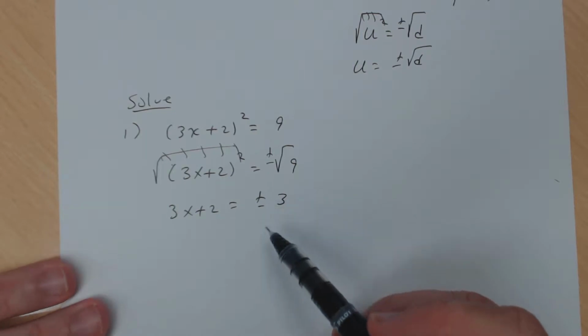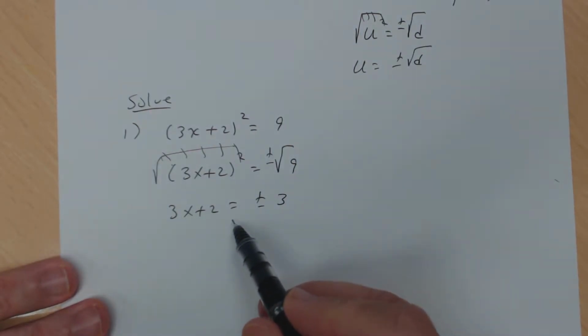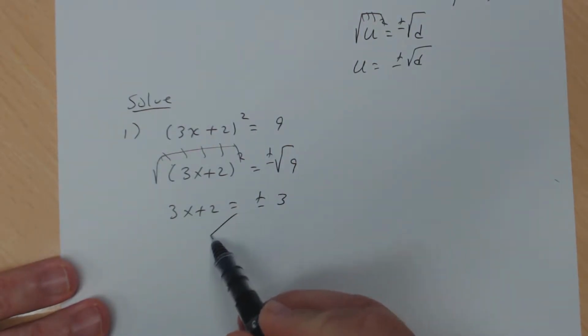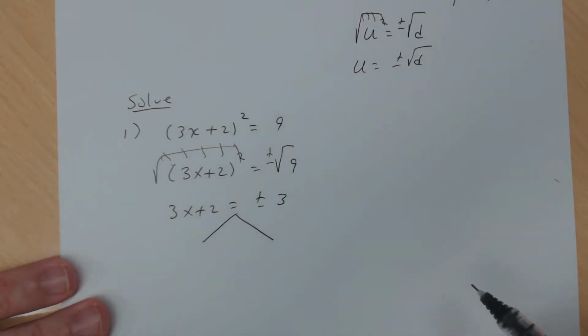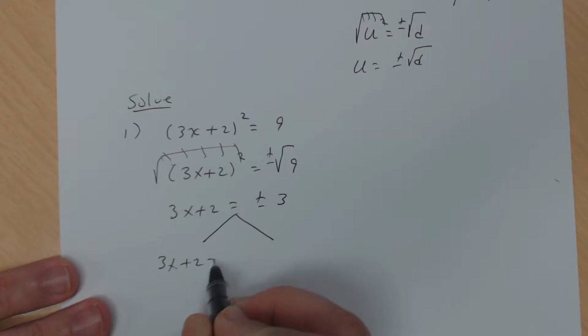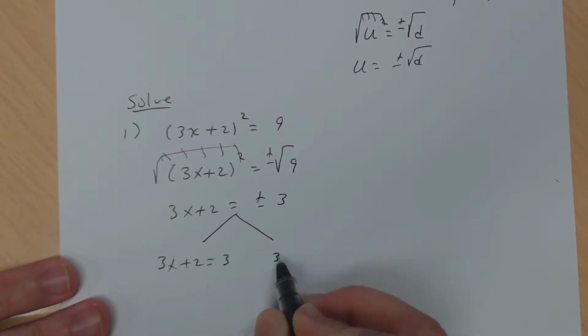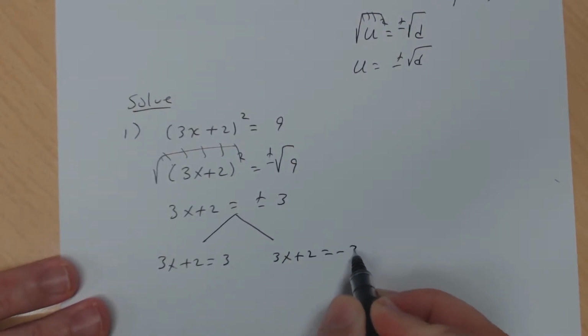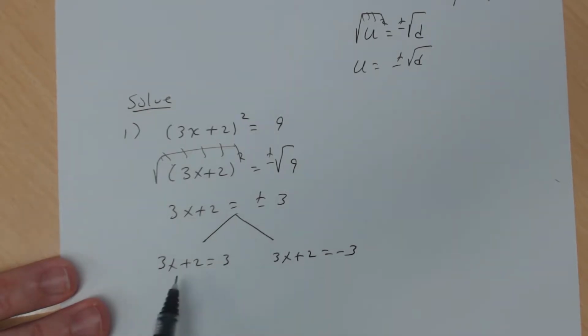So what we did next was write it out as two separate equations. I got 3x plus 2 equal 3, and 3x plus 2 equals negative 3. Then I solved each of these individual linear equations. Subtract 2 from both sides, combine like terms. I get 3x equal 1, so x is 1/3.